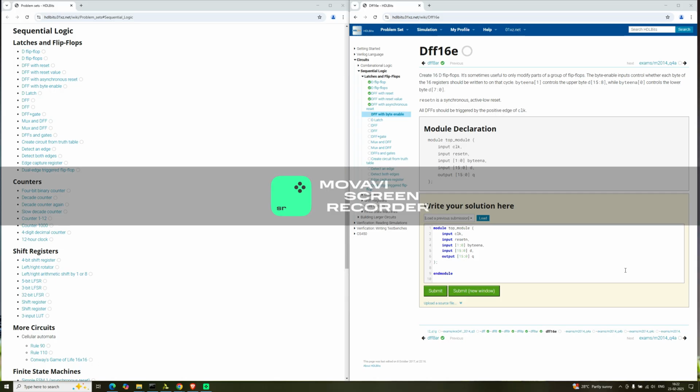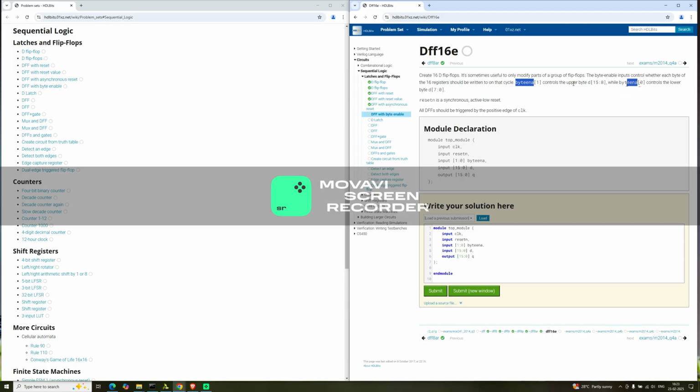Okay, so another interesting variant for the D flip-flop they have given. As the problem statement says, it is a 16-bit D flip-flop. So the value of D is 16-bit. We have to pass it to the value of Q, but with some modification. They have introduced a byte enable signal. Based on this byte enable signal, which values are to be passed to Q is decided. For example, when byte enable is 1, only the upper byte of D will be transferred.